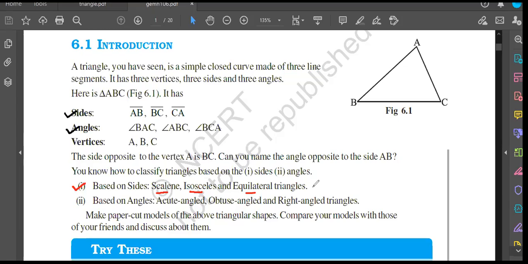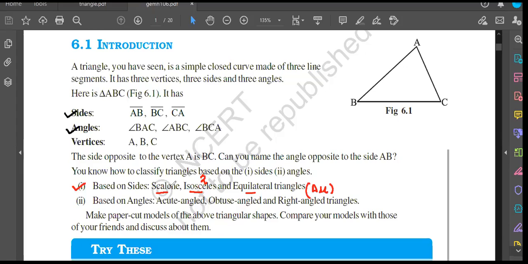So equilateral, all sides equal. What about an isosceles triangle? Any two sides equal. The length of any two sides should be equal.